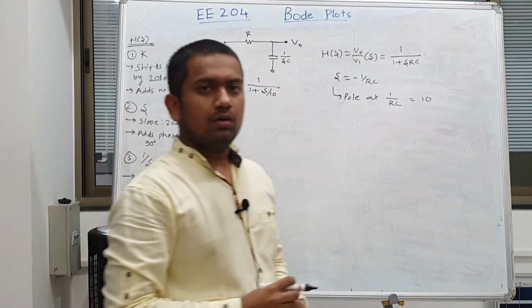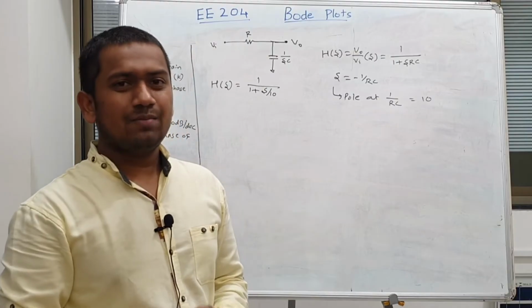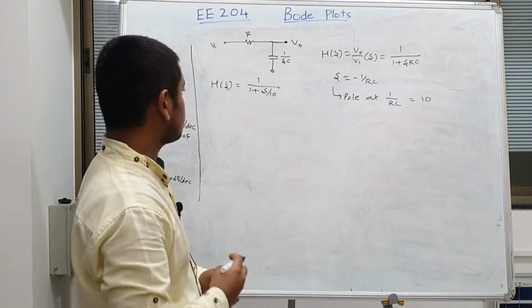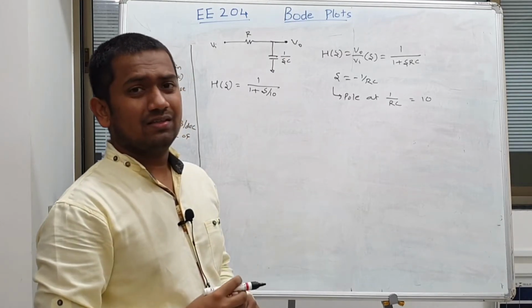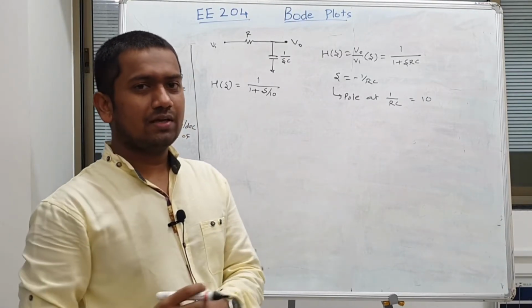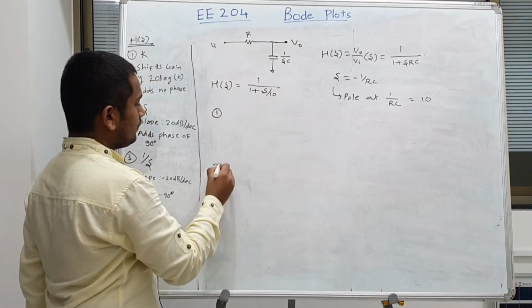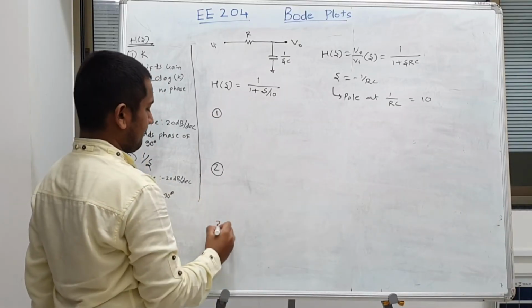Now, a Bode plot is about asymptotic approximations. So, we will go with how this approximation is calculated. For that, we need to have three calculations.